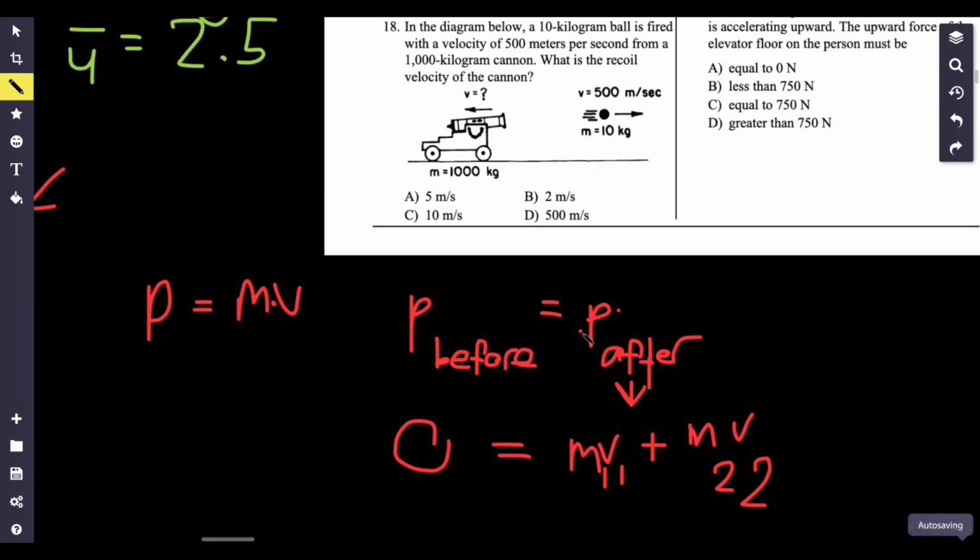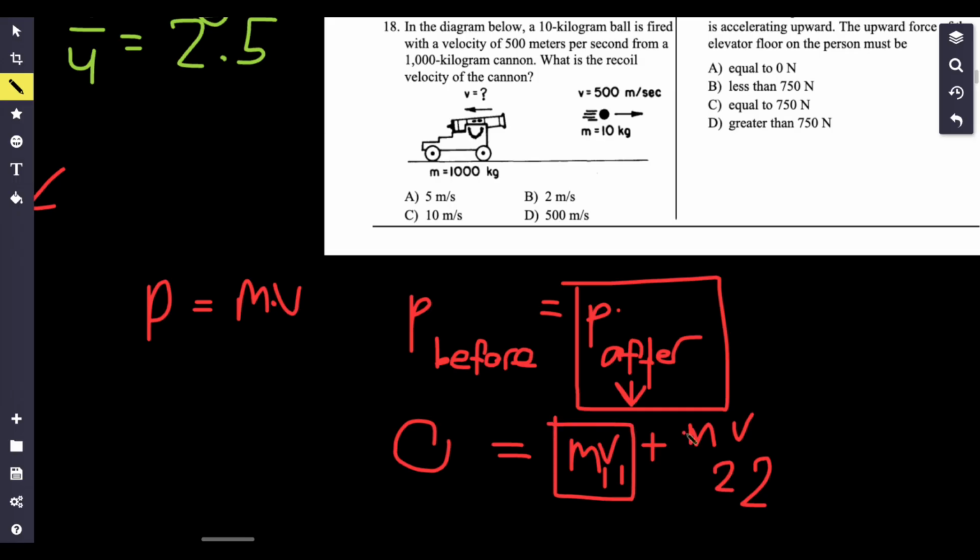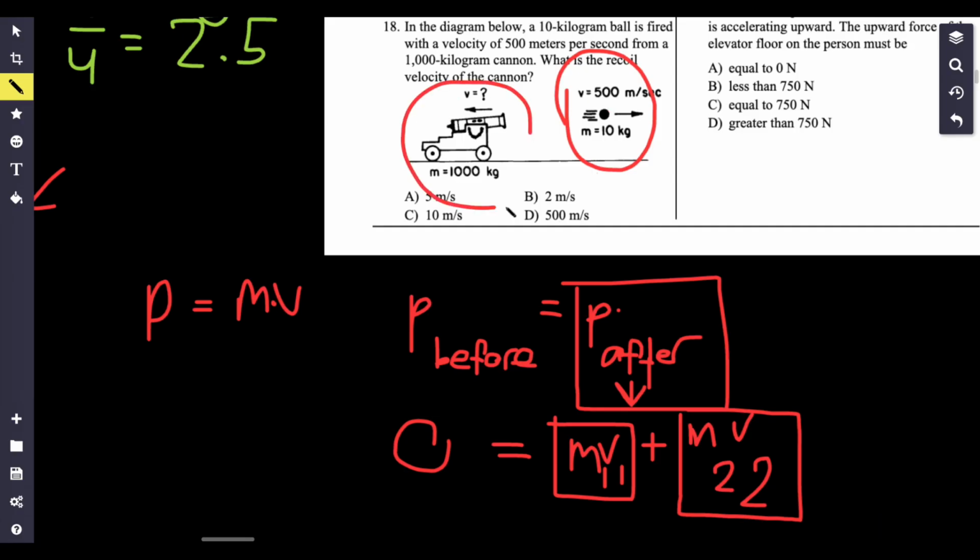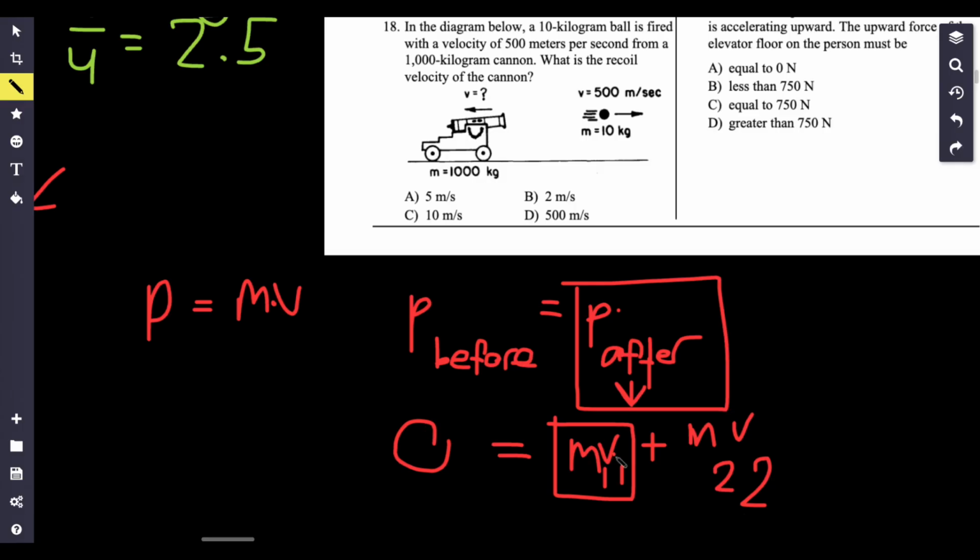Because the total momentum is equal to the sum of the momentums of the objects comprising this system. So the total momentum would be the momentum of our ball plus the momentum of this cannon. However, both these things weren't moving initially, so that's why I said this is equal to 0. But some things are moving in the final state, which is why I'm focusing on this part.